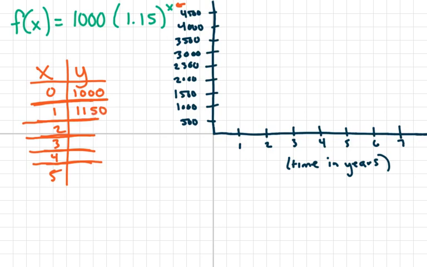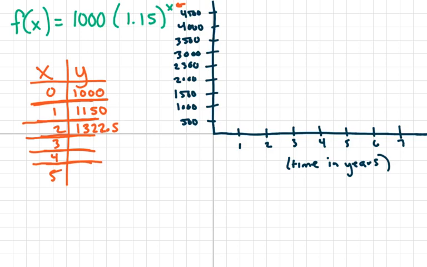Then I'm going to plug in a 2, so 1.15 squared, times 1,000, and I end up with 1322.50.